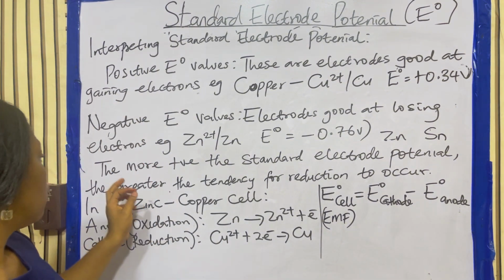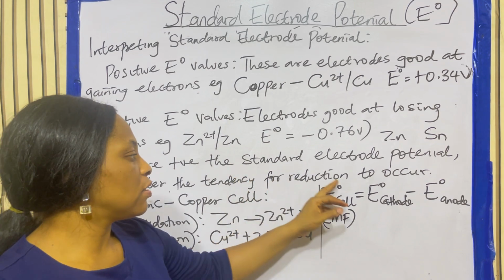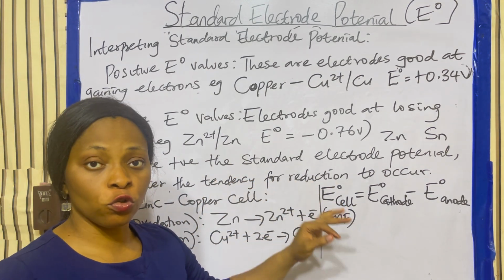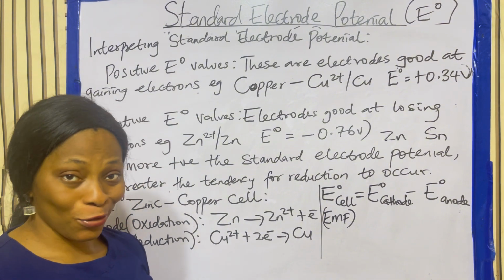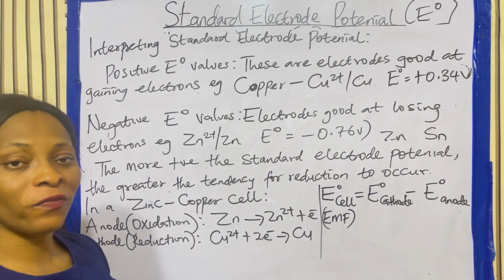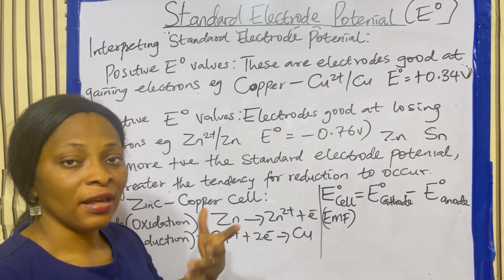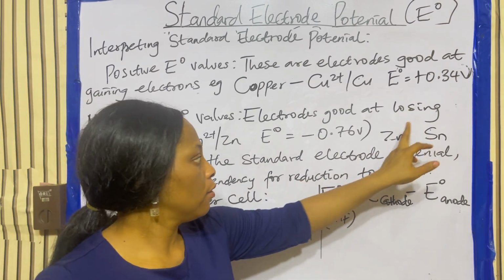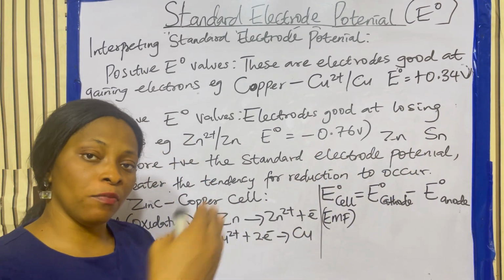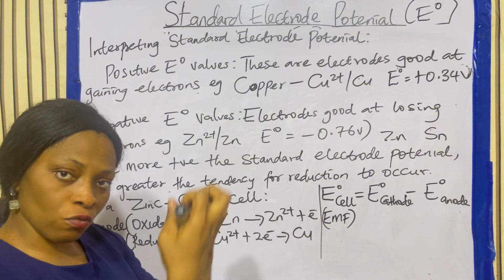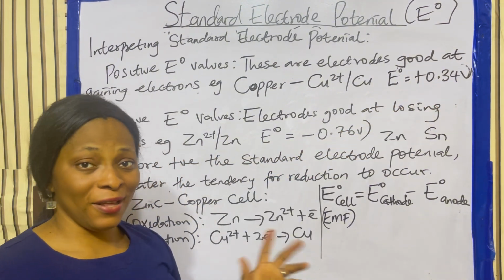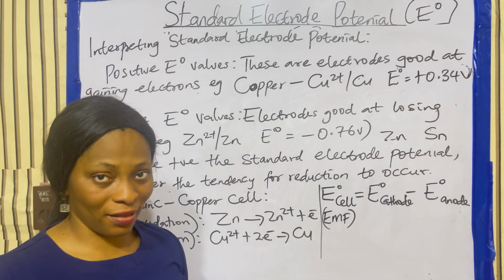In other words, the more negative the electrode potential, the greater the tendency for oxidation to occur. Are we together? Good. So those higher in the electrochemical series tend to easily lose electrons, therefore forming negative values, while those lower in the electrochemical series tend to gain, thereby forming positive values. I believe these values are well interpreted.